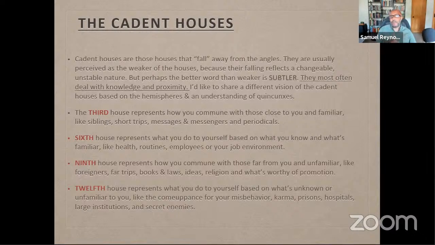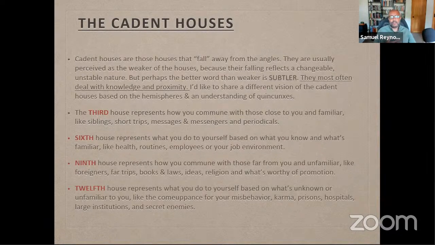But here's a way we might come to think better of these houses rather than just saying they are weaker. They may be subtler. They most often, per how I'm going to break them down, deal with knowledge and how we have the experience of proximity of one thing to another. So I'm going to give you a different vision of the cadent houses based on the hemispheres, and then something else I want to talk about called quincunxes or inconjuncts.